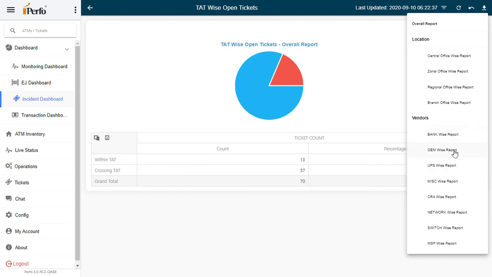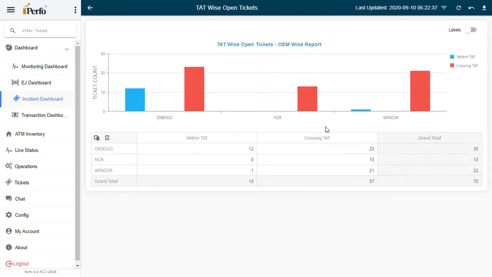So for the same OEM-wise report, you could see the within TAT and crossing TAT, right? So which vendor is performing well and which vendor is not performing as well as the other is easily viewable through these analytic screens.